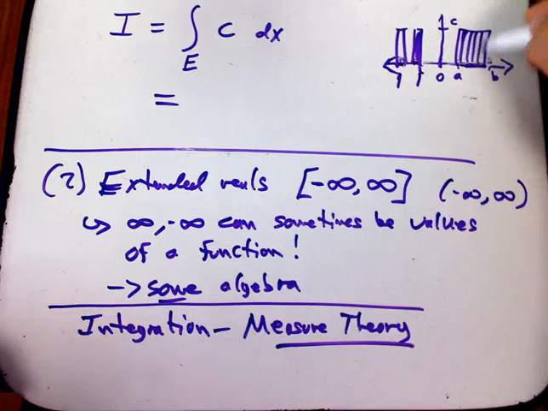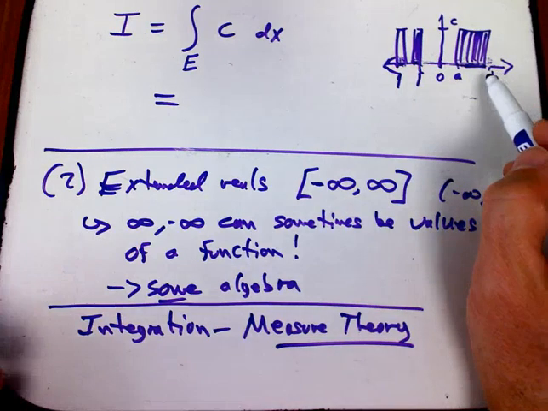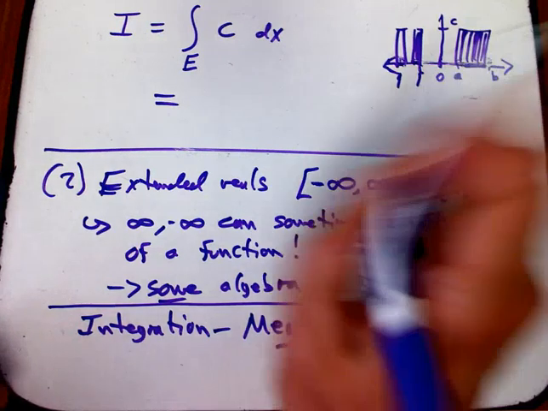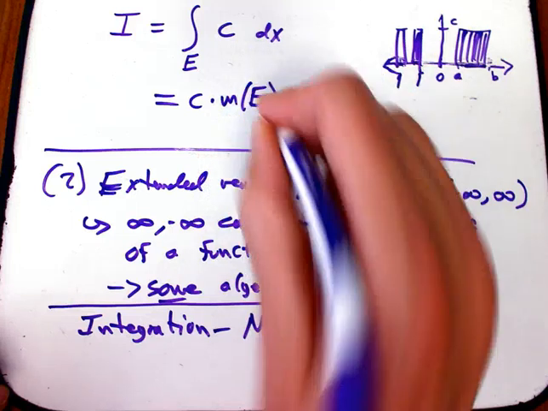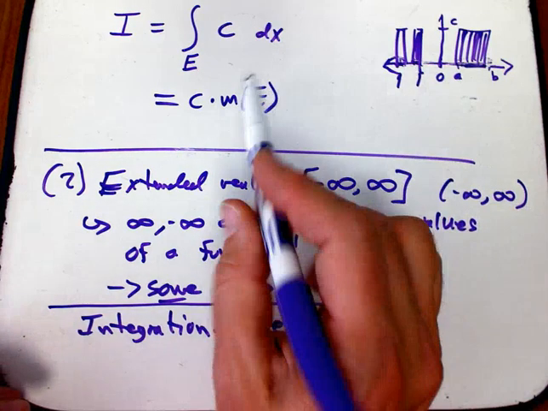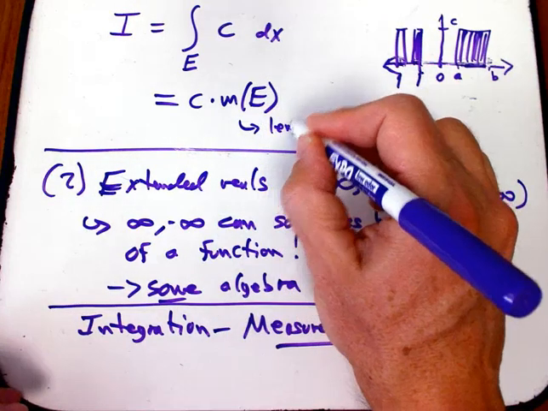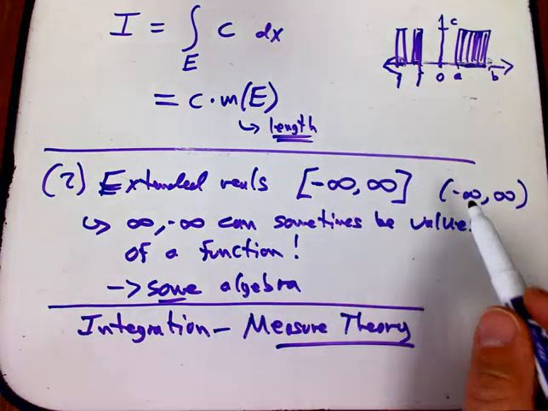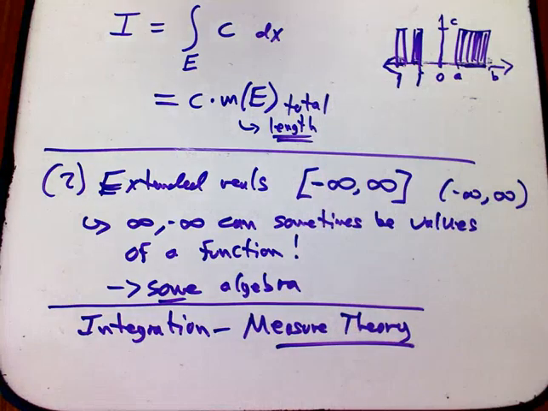If it's just a to b, it's c times the quantity b minus a, because that's a very simple rectangle. In general, it's c times what's called the measure of E. We use this special word measure because it might be some weird set, but in this context, on the real line, it's just a flexible measure of length, and a total length if it's in different pieces. So I'm just telling you how to integrate constant functions.